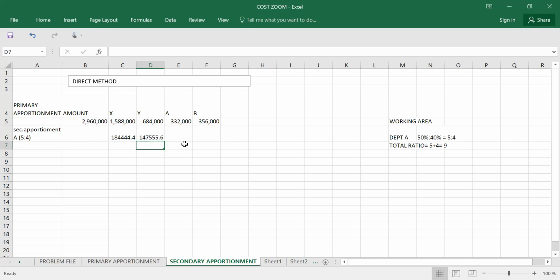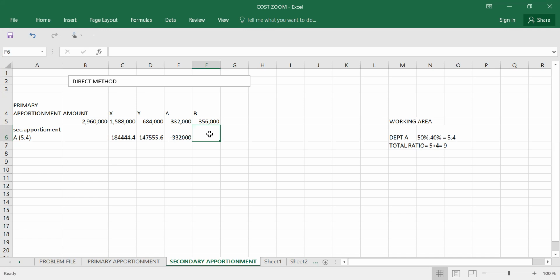Because this has been distributed, we are subtracting it from this. So here we have 3, 2. This one is getting nothing.